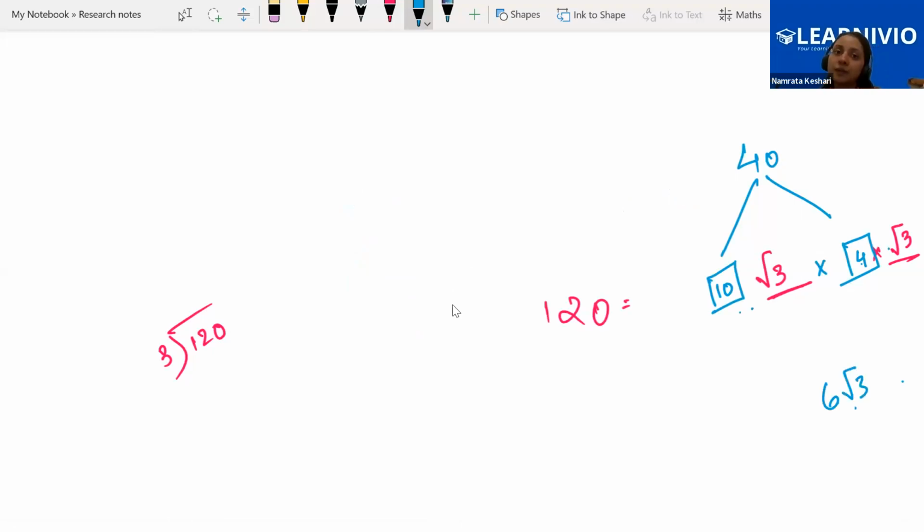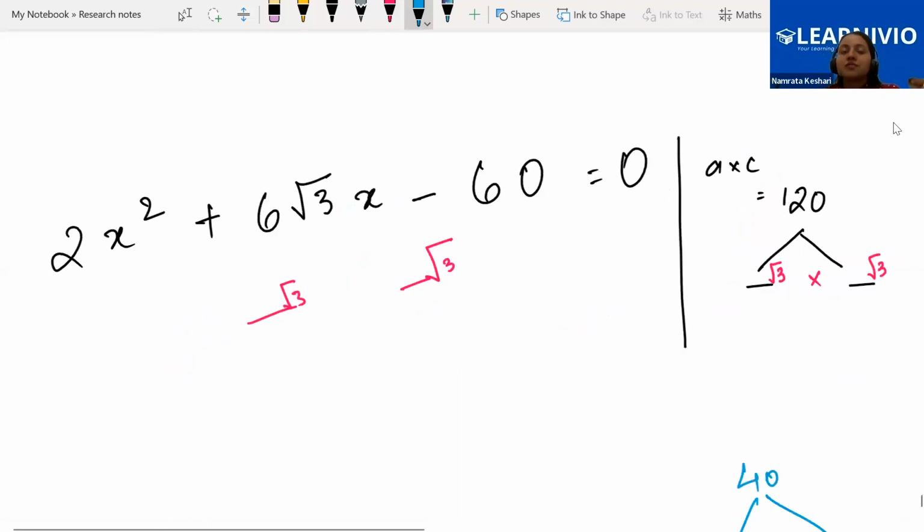Getting my point, Zoha? Yes. So let's summarize. At first, we did the multiplication of AC, the way we do. 120 we got. Then when we are trying to split 120, we are very clear that the first term will have root 3, the second term will have root 3. Root 3 we have already taken in the factorization of 120.